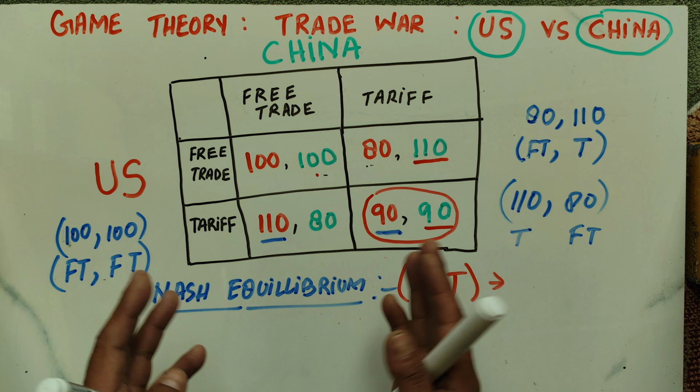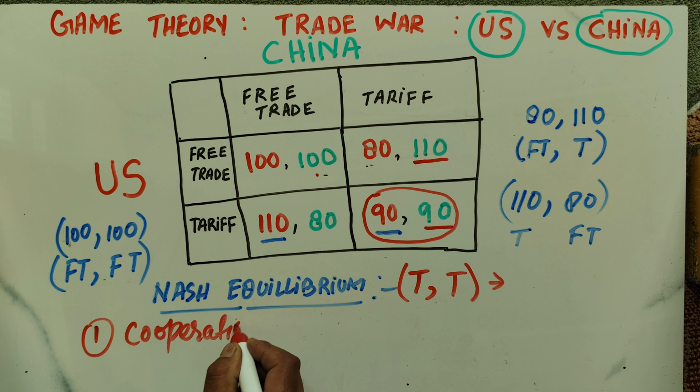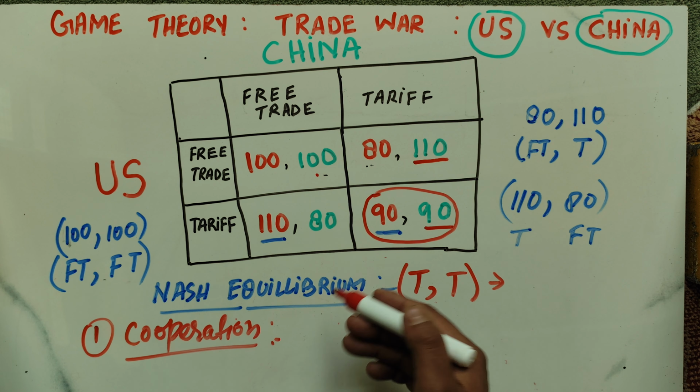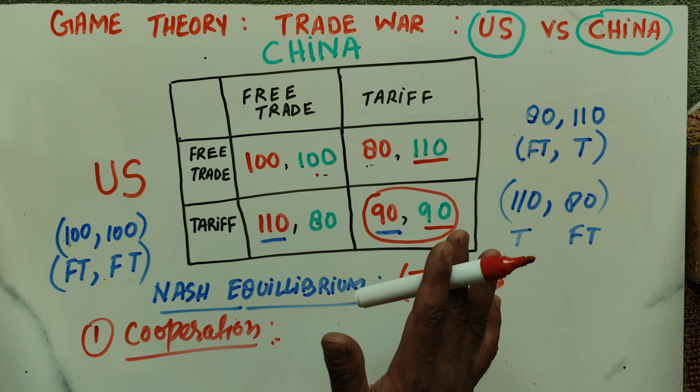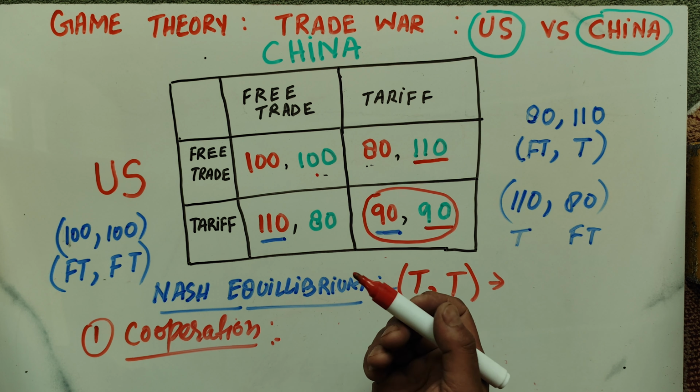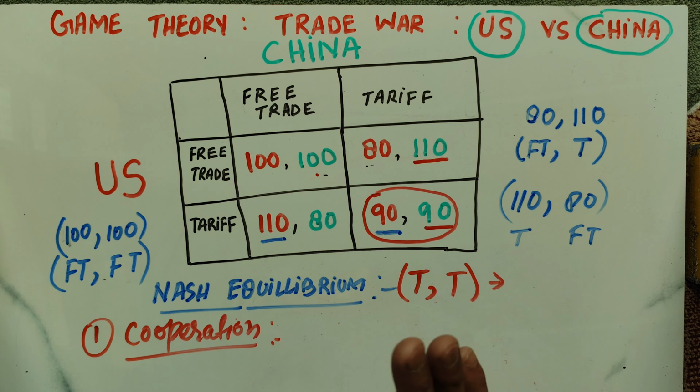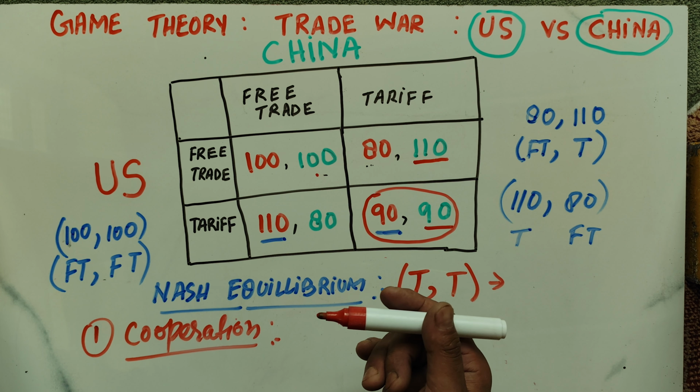So basically, what is the solution for this? If both US and China would have opted for free trade, there should not have been a trade war. So one thing is, if both cooperate, mutual cooperation. If this game is repeated multiple times, both countries would realize that the short-term gains from imposing tariffs could lead to long-term losses from retaliations.